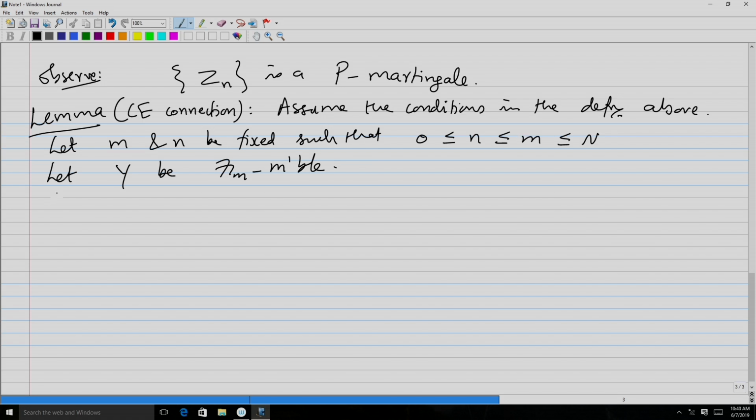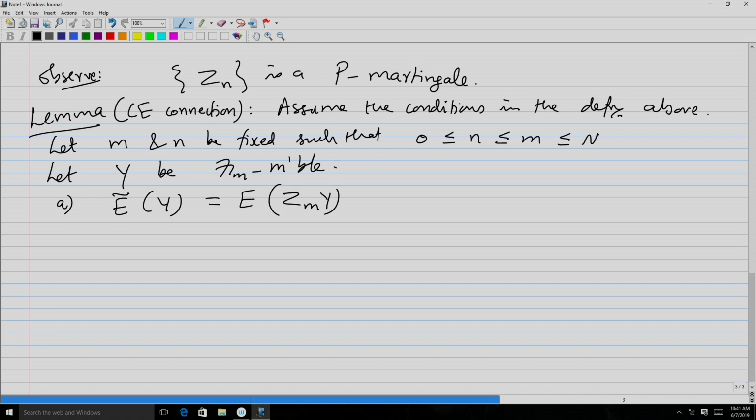Now, part A of this lemma is the simple connection, much like the previous case: E tilde of Y equals E of Z_M Y, where Y is F_M measurable. This is the simple expectation relationship.